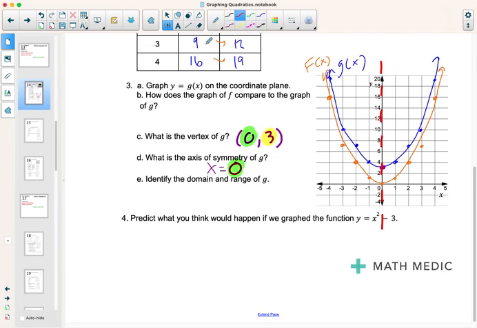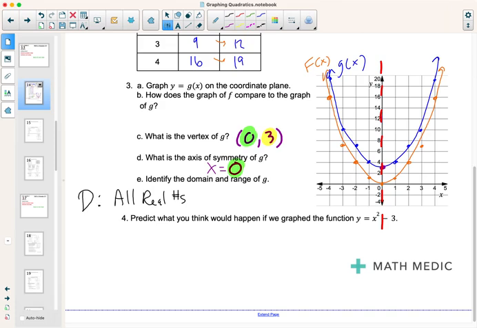Identify the domain and the range. So the domain, let's put a D with a colon, so we don't have to write the whole word domain. All real numbers. And then the range, we have to think a little bit more about. The range, remember, we're looking at g of x. Think about this horizontal line right here. It doesn't exist below here at all.